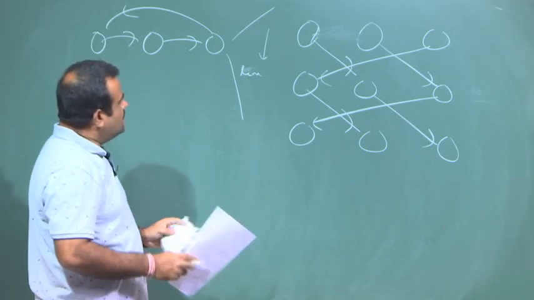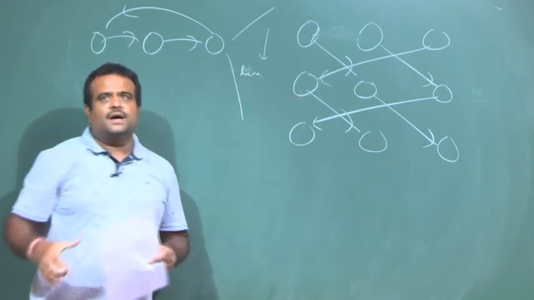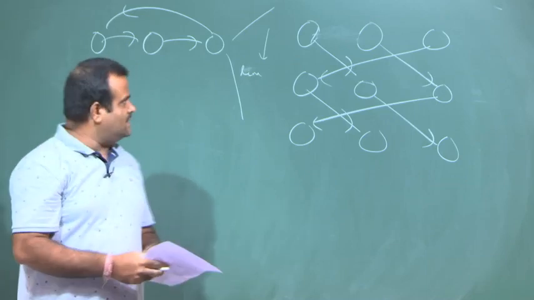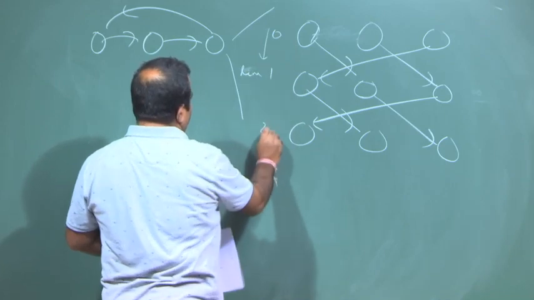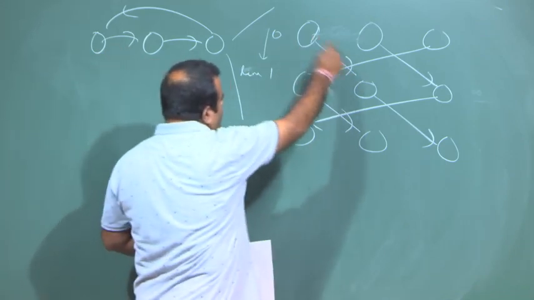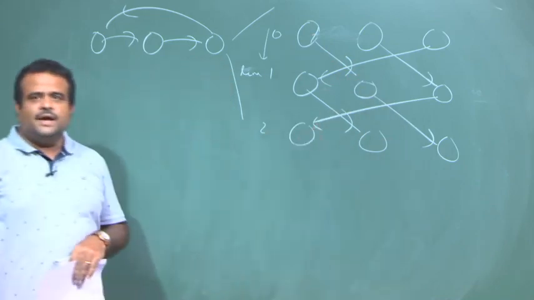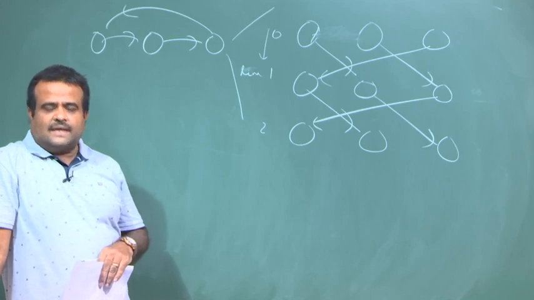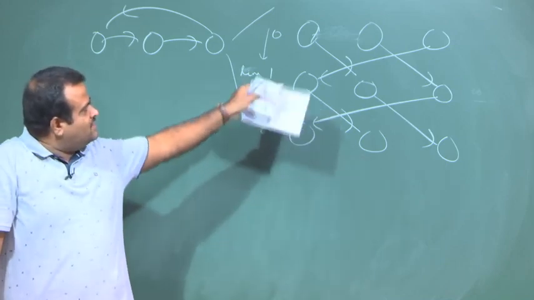We are just writing copies of the same graph many times like this. This is the 0th copy. Now, once we move from here to here, we just move from here to here like this. This way we can avoid the cycle. So, this is the acyclic graph now.